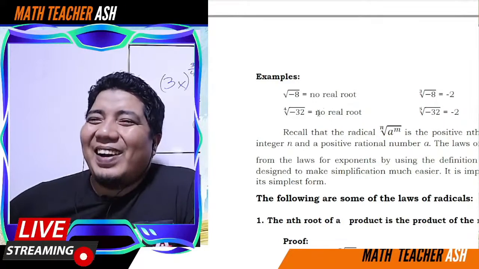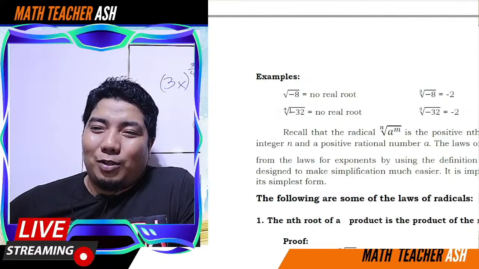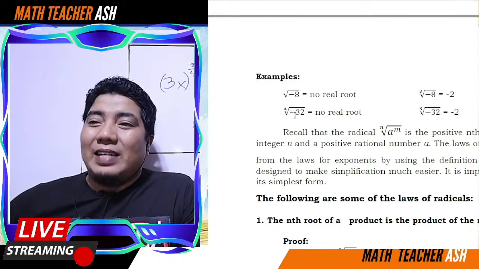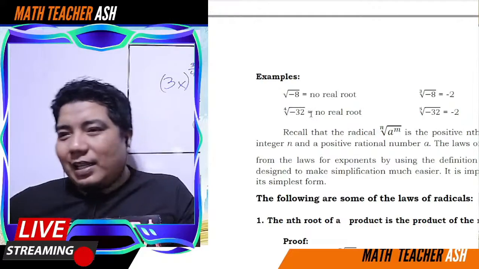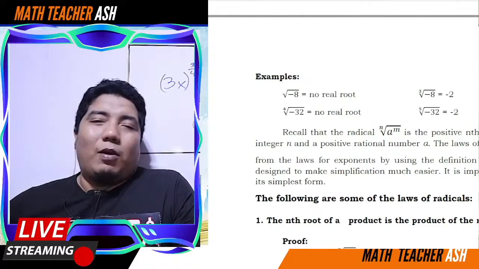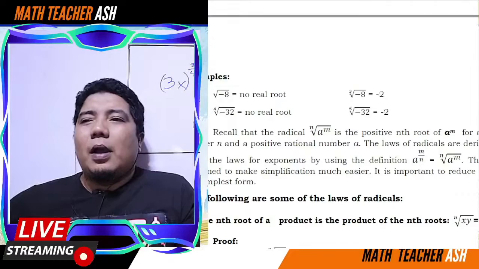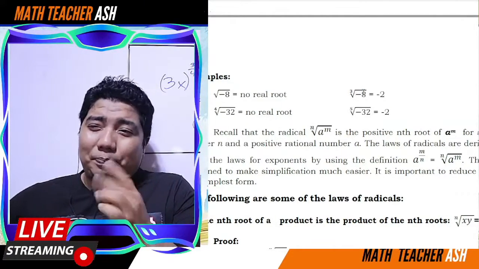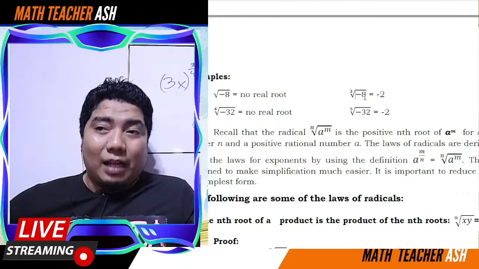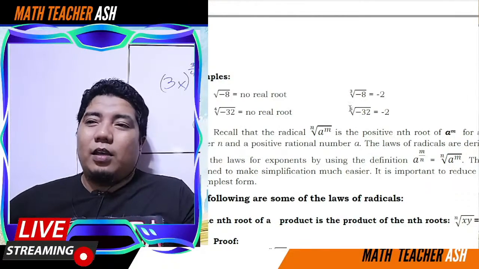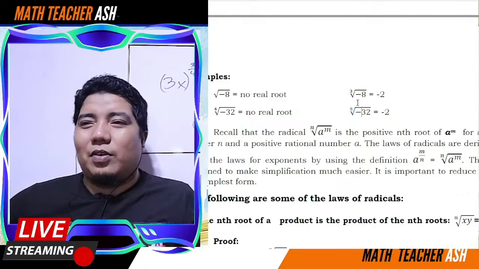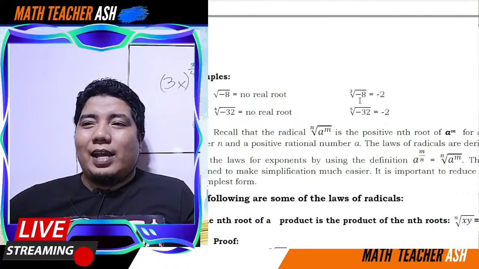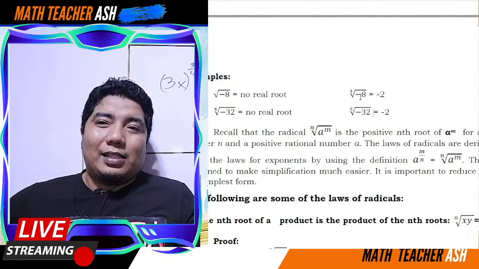Alright, how about this one? Ito nga, fourth root. So, even number, 2, 4, 6, 8. So, fourth root of negative 32. So, kapag negative ang radicand mo, wala pa ring real root yan. Now, however, kapag ang index mo naman ay odd number, example, 3, 5, 7, 9, and negative ang nasa loob ng iyong radicand, then the answer for that is the same sign.